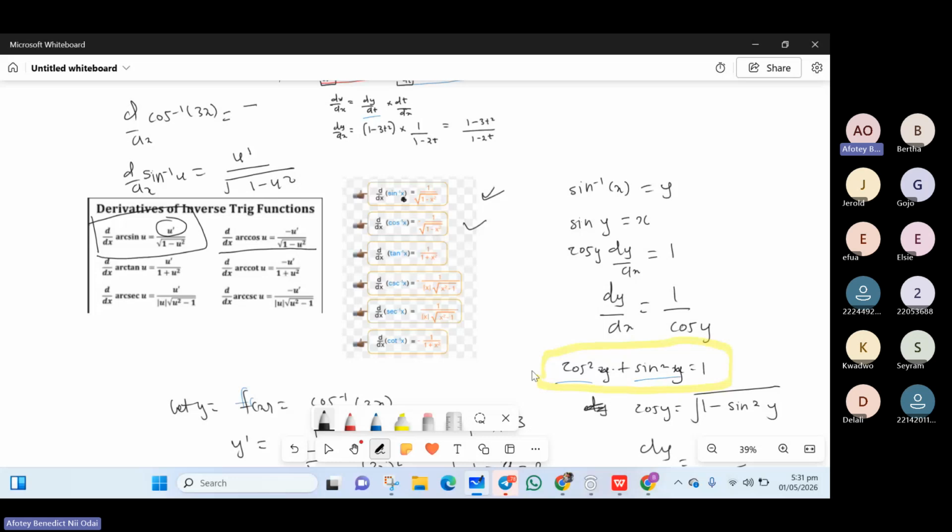So we have negative of the derivative of the inner function, which is 3, on the square root of 1 minus the square of the inner function, which is 9x squared. So this is strictly formula work. It has a particular trend, so you can see this one and this one. The only difference is this minus. Tan and cot, again a minus, and with these ones, you can also choose the formula for it, right?